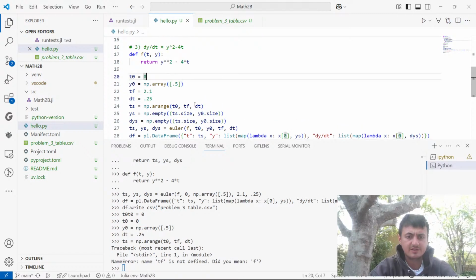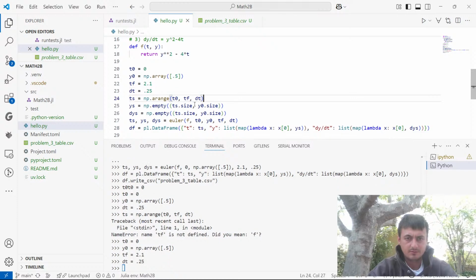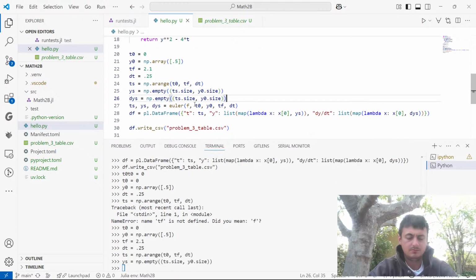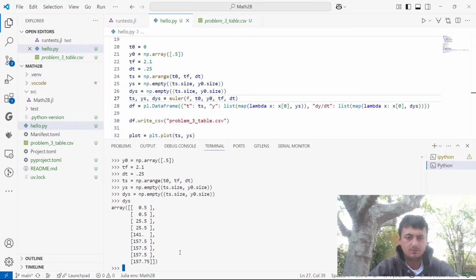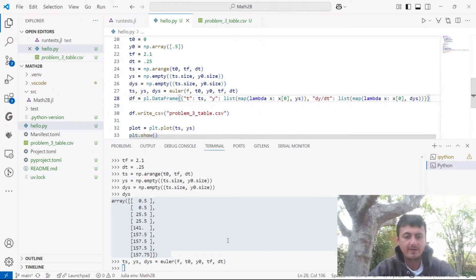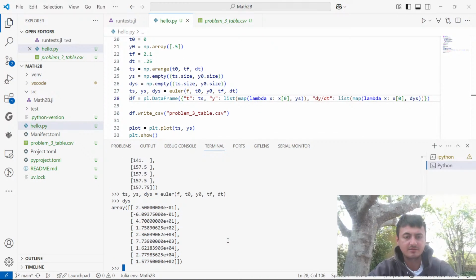I just defined tf. Oh, empty is really weird. Empty is sus as hell, dude.